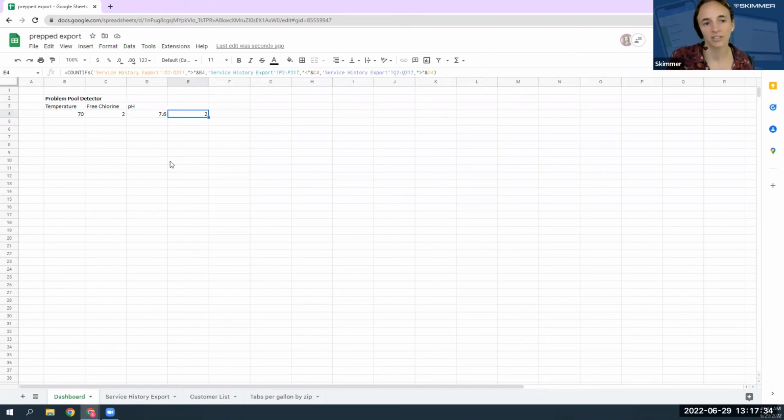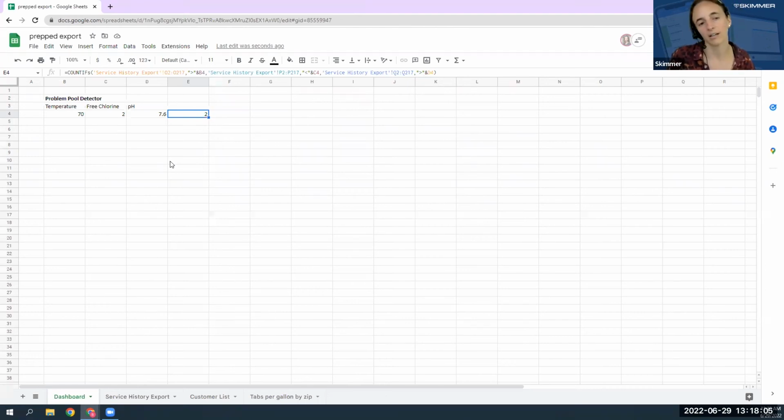So this calculation here, as you can see, is putting together some simple information from the service history, and it's basically saying count the number of pools if temperature is greater than 70, if free chlorine is less than 2, and if pH is, I believe, greater than 7.6. And it says there are 2 pools that have this problem.